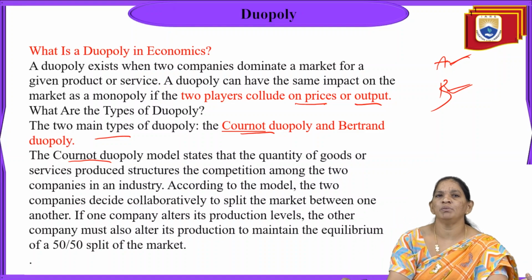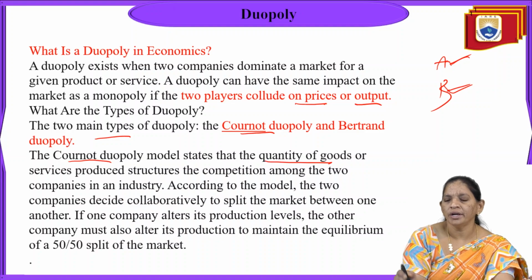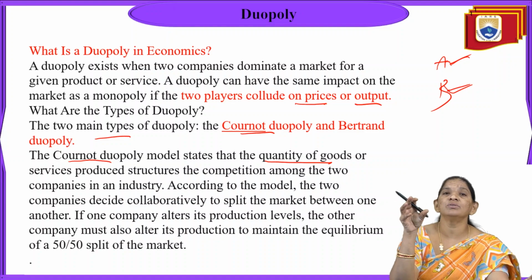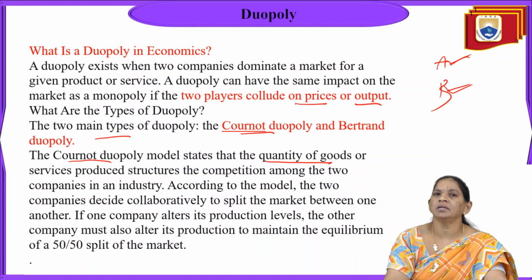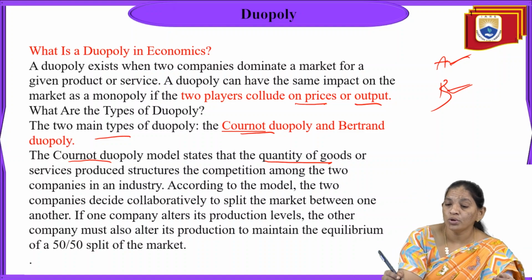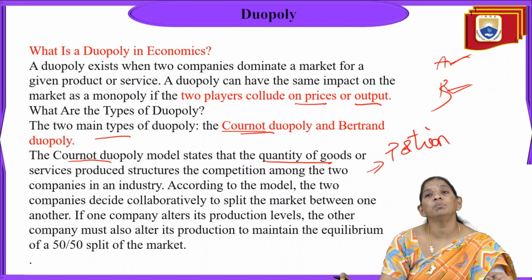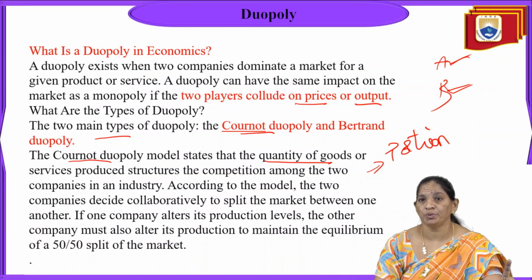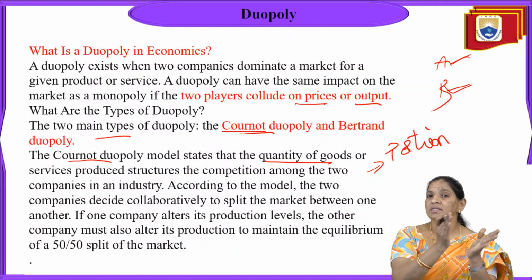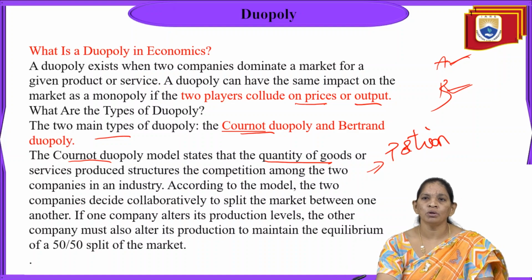Whatever the price and other factors, they compete relating to the quantity of goods and services, meaning what percentage of goods are sent to the market in production, or what portion of the market is occupied by the companies. That type, identified by the quantity of goods and services sent to the market, is the Cournot duopoly.